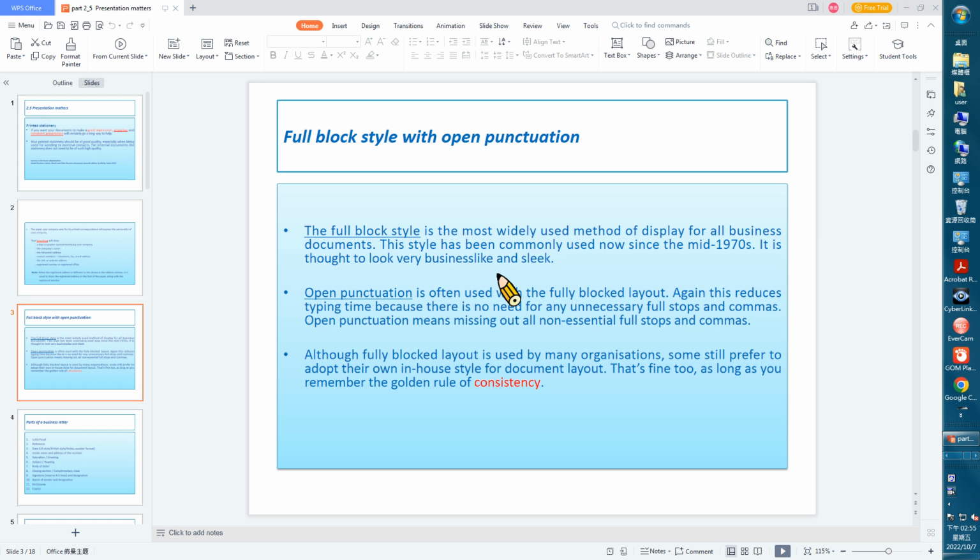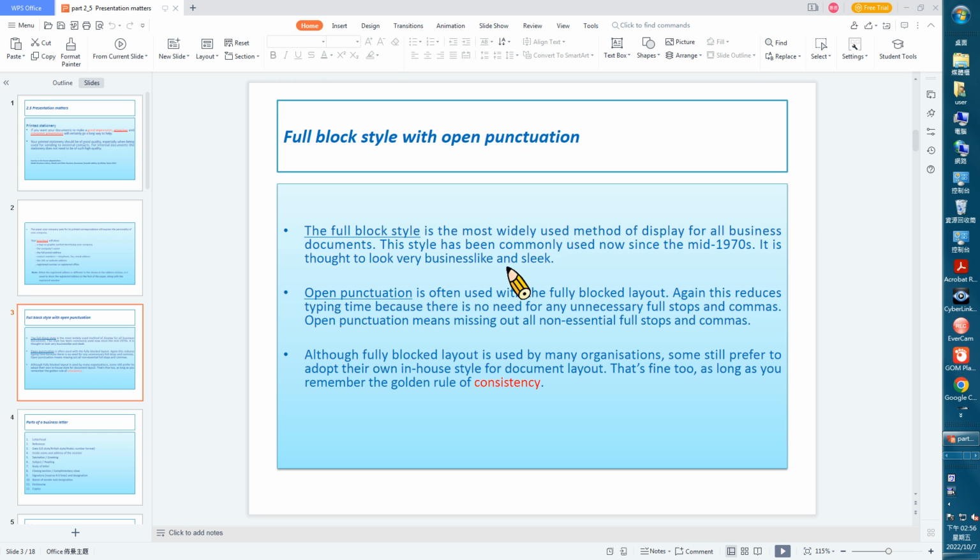Open punctuation is often used with the full block layout. Again, this reduces typing time because there is no need for any unnecessary full stops and commas. Open punctuation means missing out all non-essential full stops and commas.